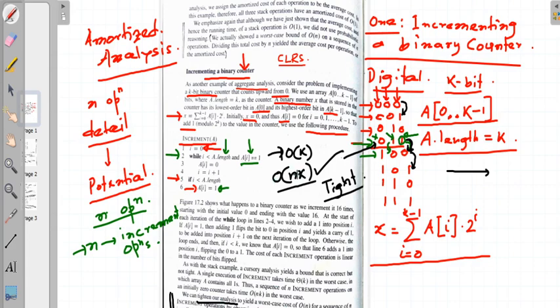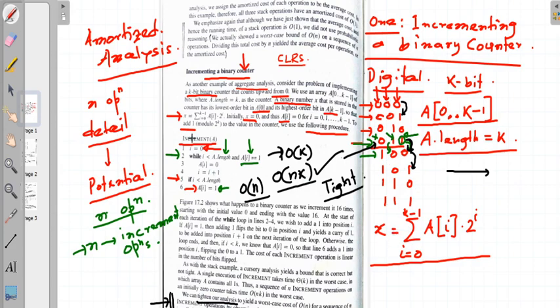So instead of order of nk, we will have a worst case guarantee of order of n. So how can we figure that out? Worst case cost of order of n for a sequence of n increment operations, by observing that not all bits flip each time increment is called, which we have already observed.